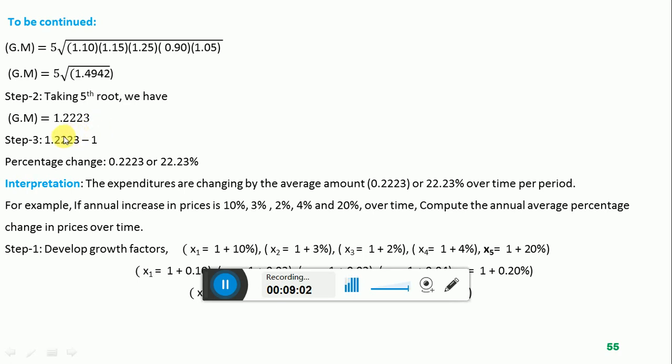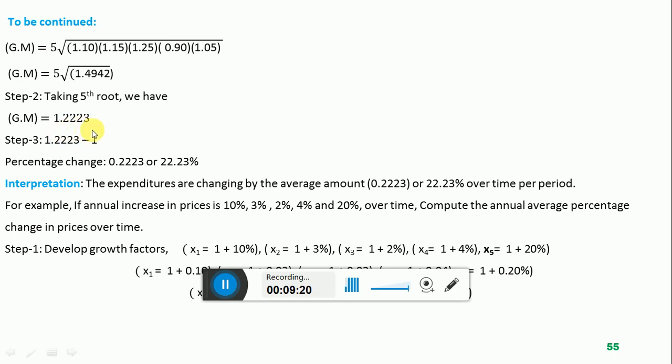Now in the third step, to compute the percentage change in the annual expenditures over time, the statistician simply has to subtract 1 from the computed geometric mean value. The geometric mean value is 1.2223.